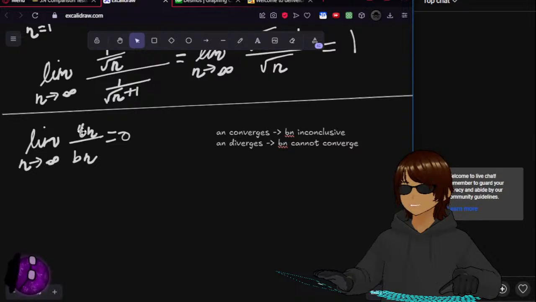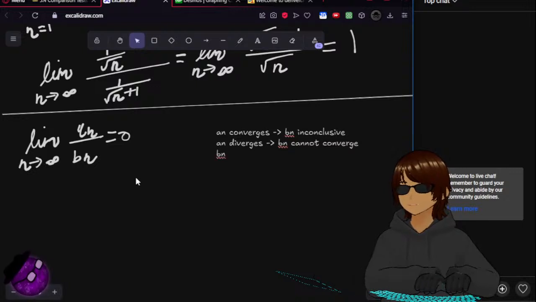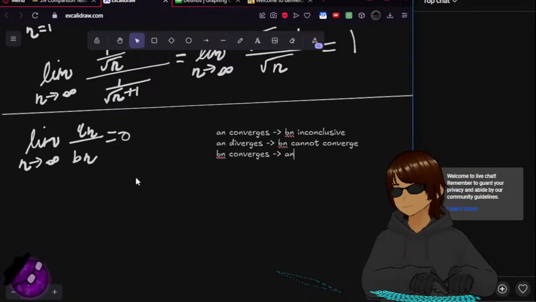If bn converges, then an also has to converge.